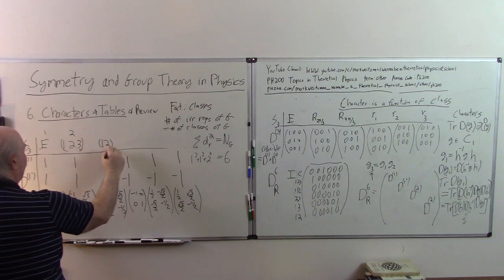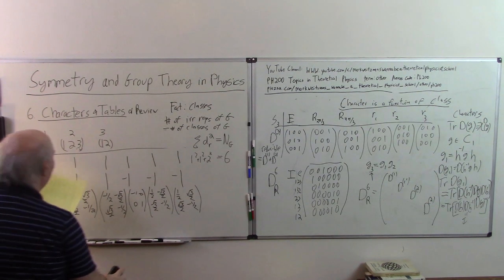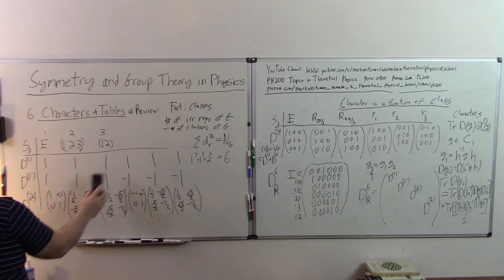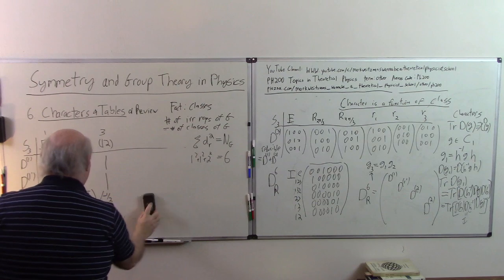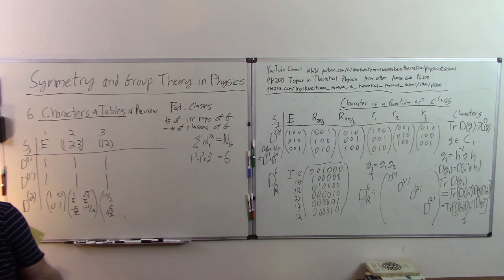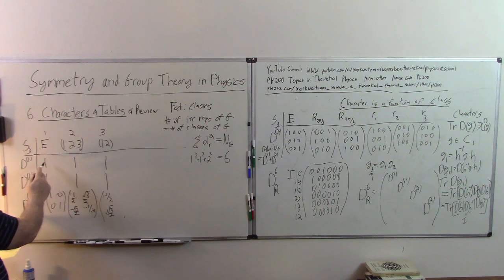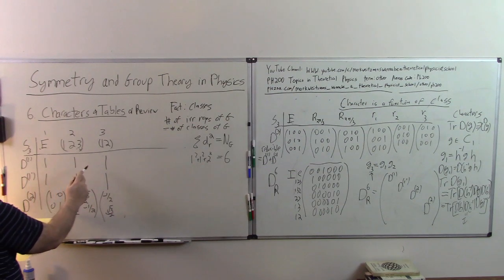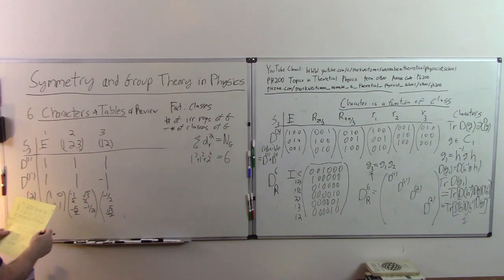This is just a typical member. There are 3 transpositions, because it doesn't matter which one of these we choose, that's what we get. So let's do the characters. We know that the characters for the one-dimensional representations are just what was there. 1, 1, 1. So here it's going to be 1, 1, minus 1.